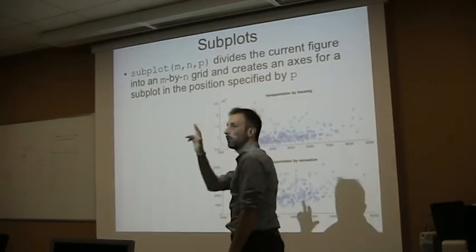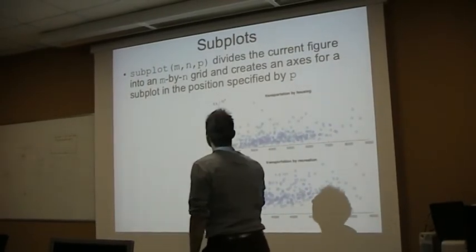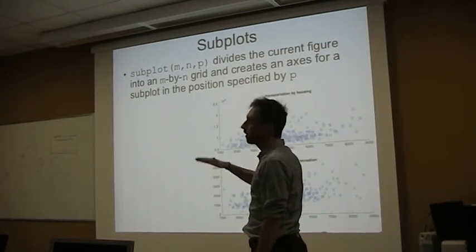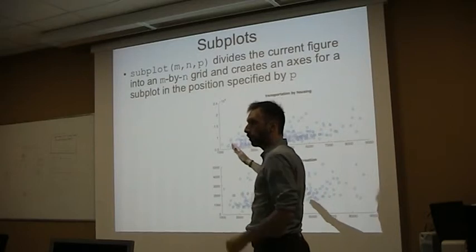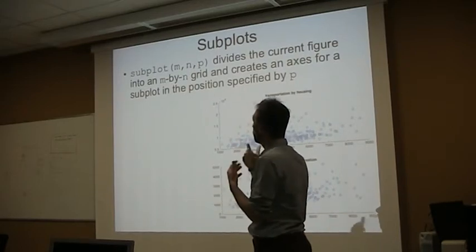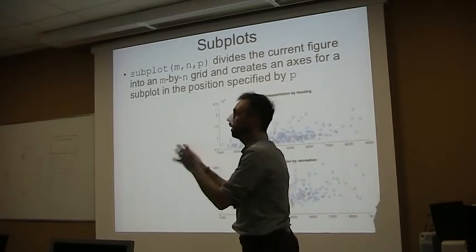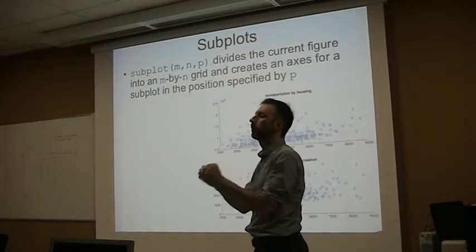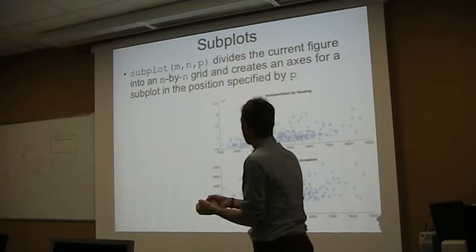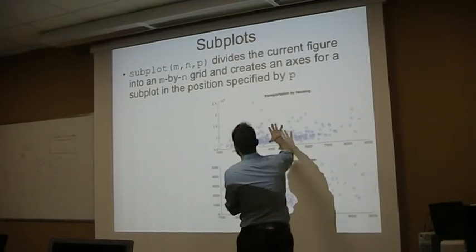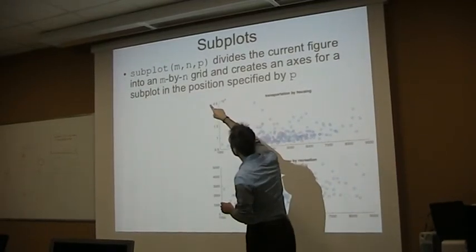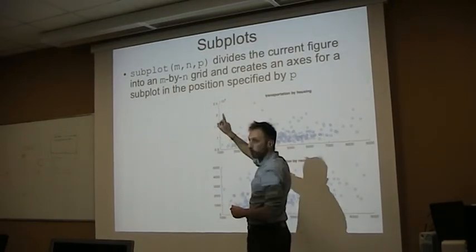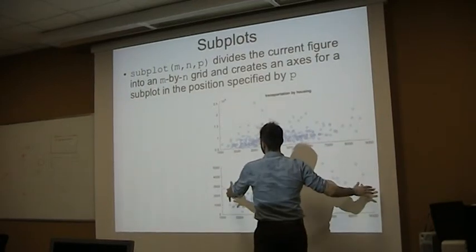So you give three parameters to subplot. The first one is the number of rows. The second one is the number of columns you want. And the third one is just which of these subplots I've created do I want to access, to write into. So here, for example, I would put 2 for n, 2 rows, and 1 for m, because it's just one column.